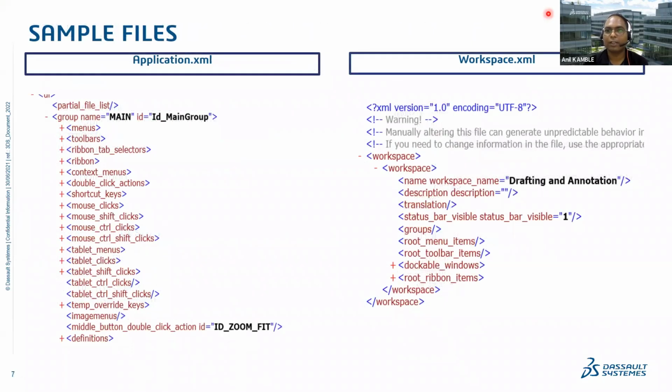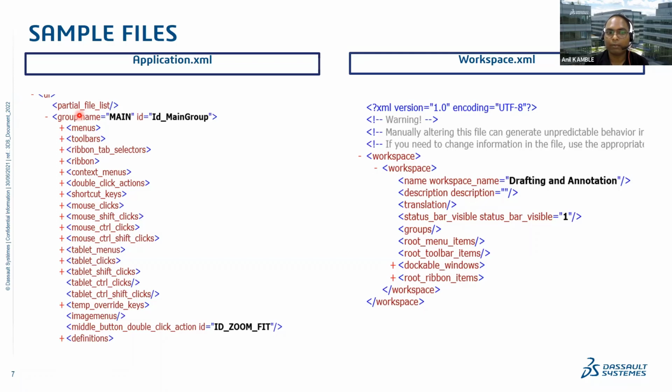All right, this is the sample file, how the application.xml and workspace.xml files look like. If you explore the application.xml file, as I said, it includes the content of an application. So the contents like menus, toolbars, the ribbon tabs, ribbons.